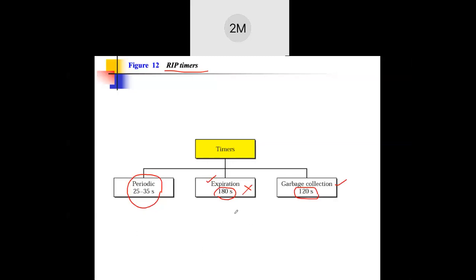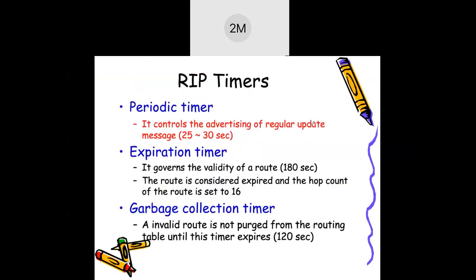So this is using timers for implementation, or what we call making the changes. 25 to 35 seconds is the regular update time, so if implemented, it's periodic. The expiration timer gives the validity of the route. After 180 seconds, if nothing is there, it will discard that.